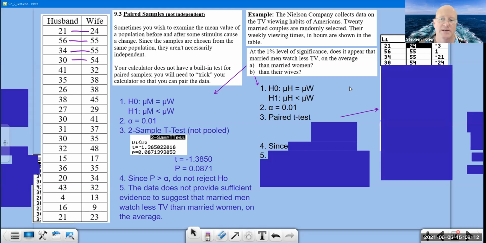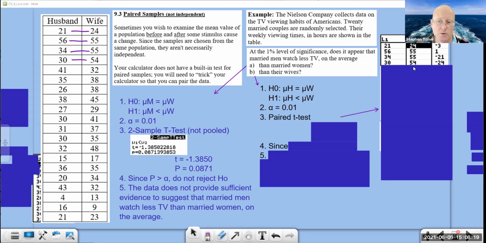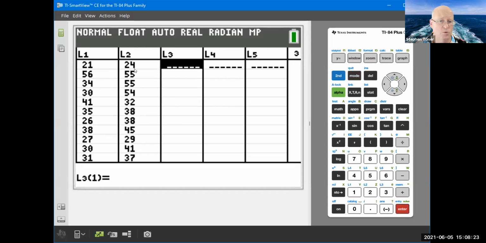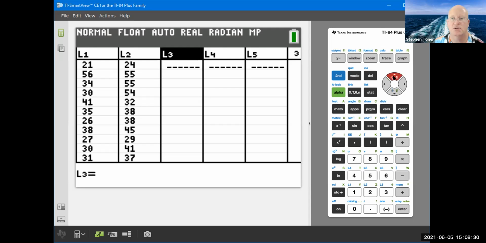I've already done it on my calculator here, and I'm going to show you live what I did. Going into my stat edit screen, all those husbands and wives data is right here in column 1 and column 2. I'm going to move my cursor to the top of list 3.